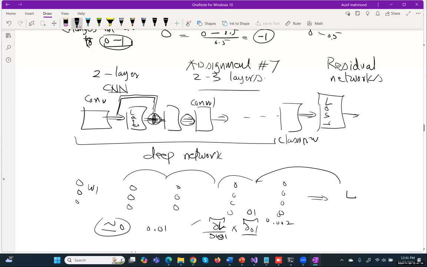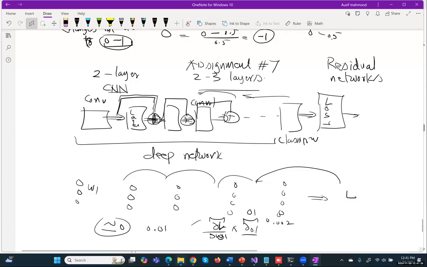So everywhere you just keep adding these skip connections. This way, as you are going backwards, the skip connection lets you maintain a small value, and the network will still learn.